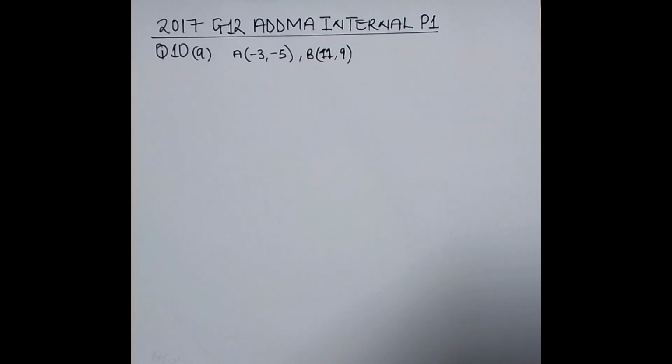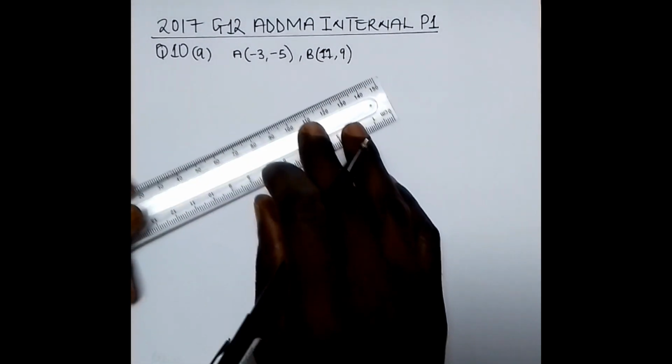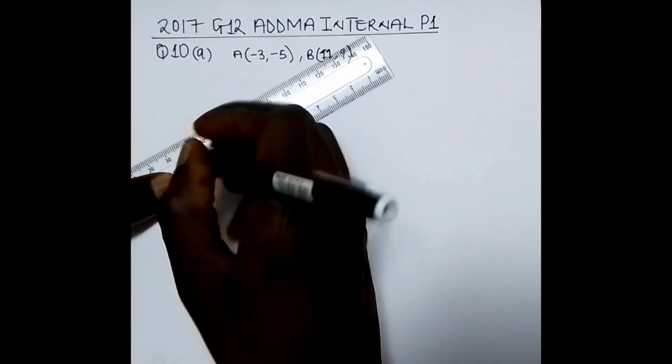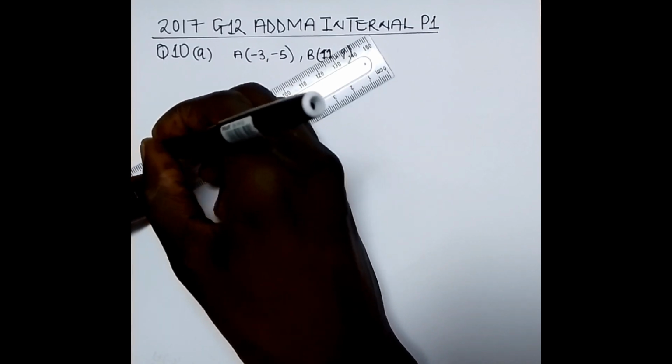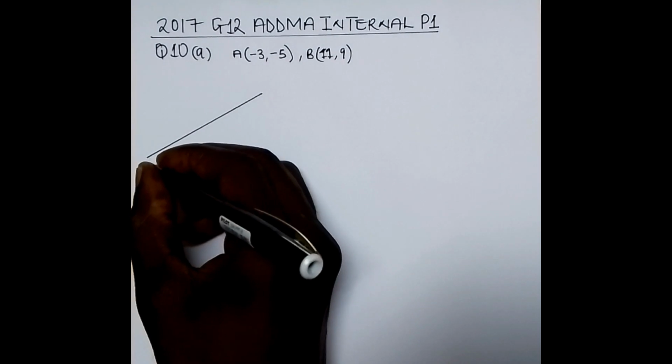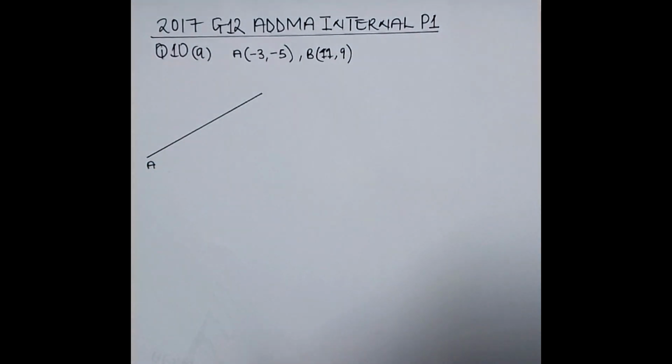To help us solve this question, I'll draw a very simple sketch that shows very little information. I'm going to draw the line joining A to B, slanted from down here to up there. So this is A. Why am I putting A this side?